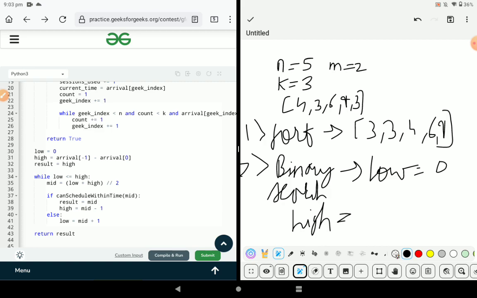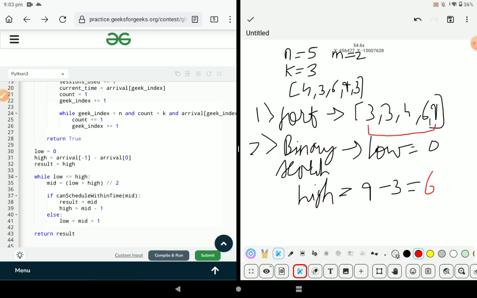That is 9 minus 3, which equals 6. Then we will do the binary search execution.